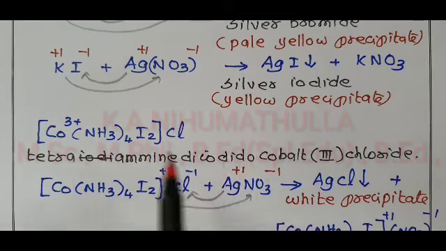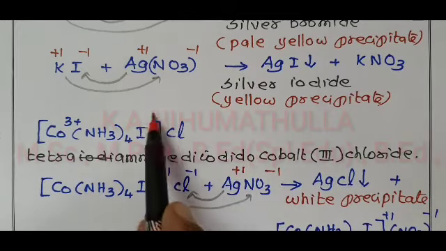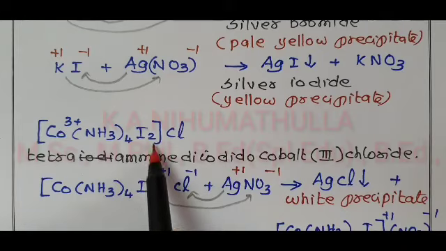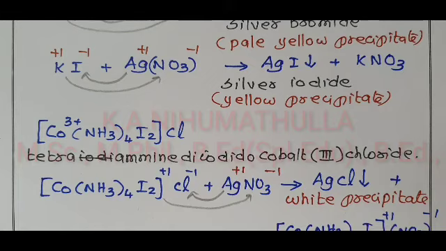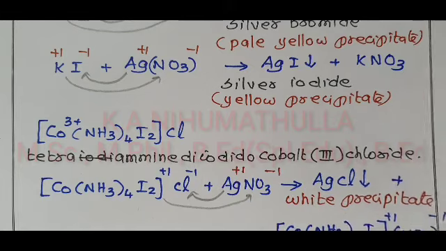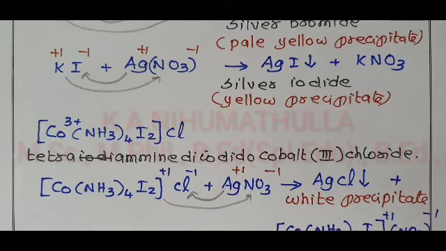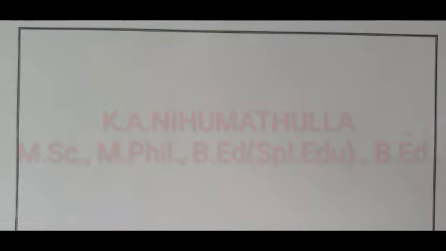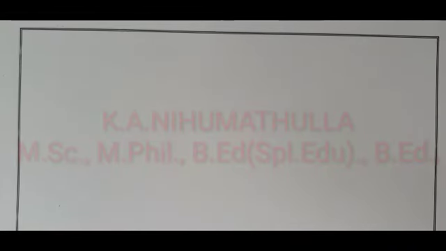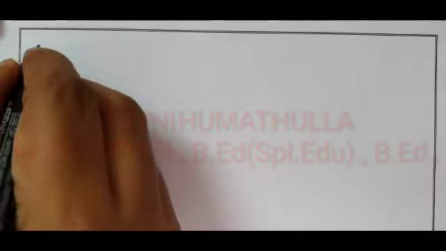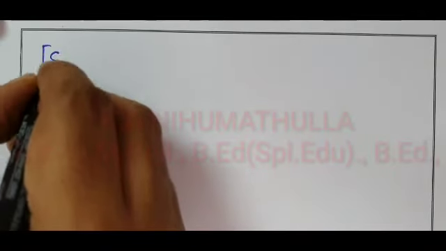Now, bring one chlorine to inside of the complex and one iodine outside of the complex. One chlorine counterion now acts as ligand and one ligand acts as counterion. Now I convert one I− into cobalt 3+.